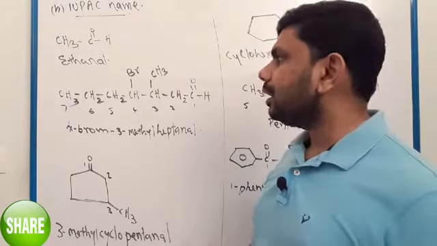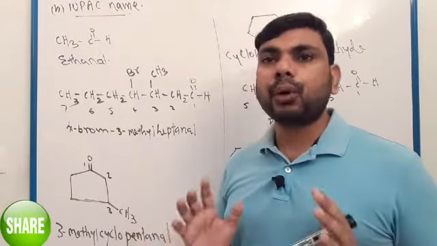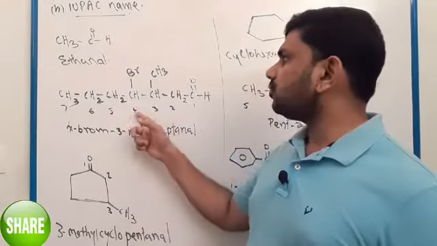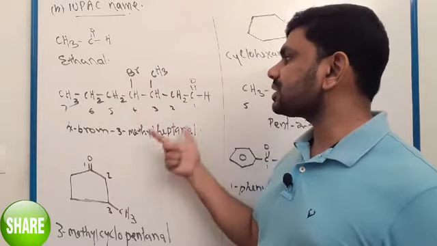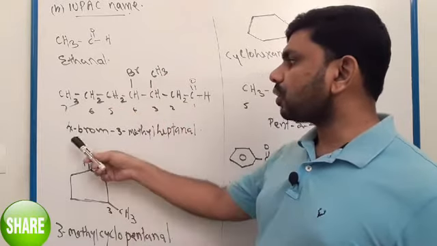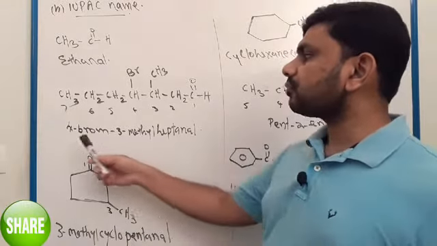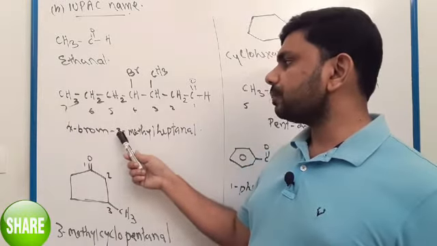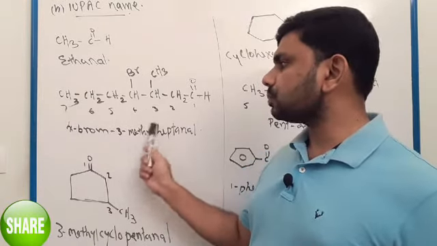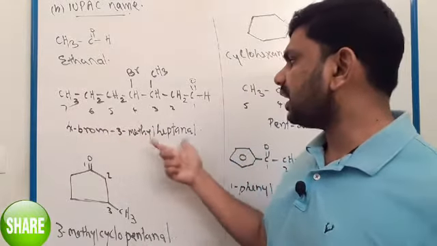Bromo and methyl: alphabetically we have to mention bromo first. So this is 4 bromo, 3 methyl heptanal. After 4 you have to put a hyphen, and also after 3 you put a hyphen. So 4-bromo-3-methylheptanal.